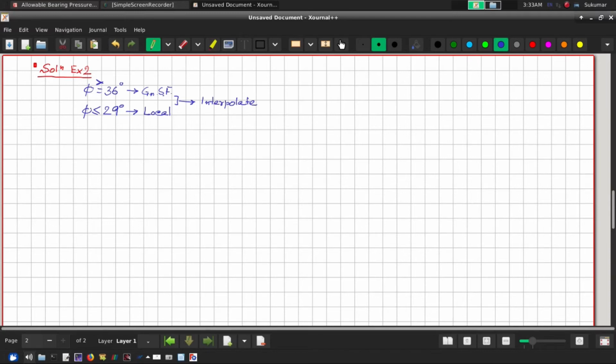Now you also remember that Terzaghi gave us the empirical method to handle this local shear failure condition, and he said that when local shear failure occurs, we should use a reduced phi value. We call it phi local, which is tan inverse of 2/3 of tan phi.